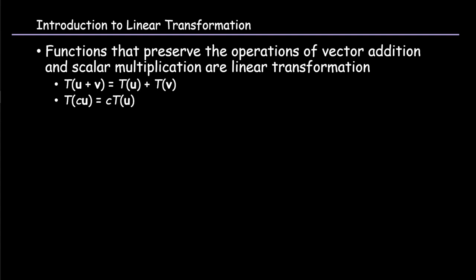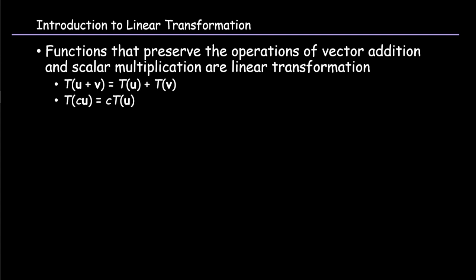This is basically telling us that the linear transformation of u plus v is the same as the linear transformation of u plus the linear transformation of v, and the linear transformation of cu is the same thing as c multiplied by the linear transformation of u, such that c is a constant, and u and v are vectors.